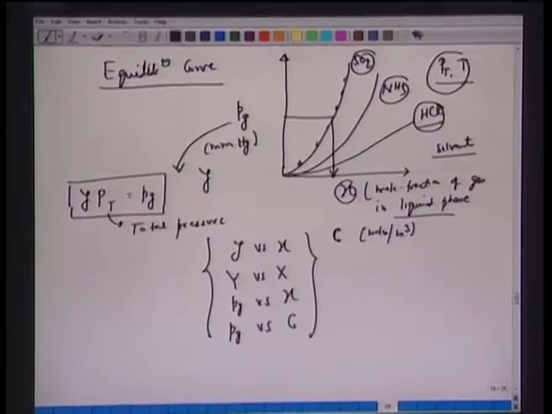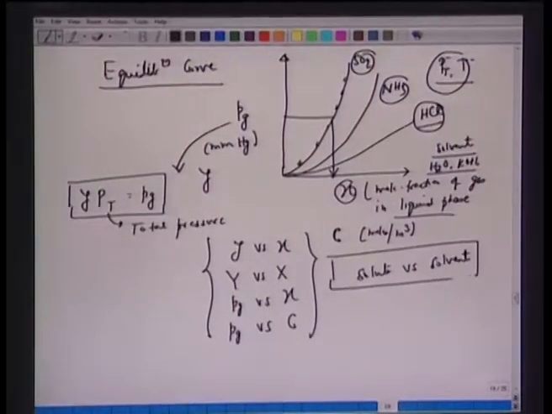The solvent may be water, KOH, or H2SO4, etc. Given pressure and temperature, we have a system of solute versus solvent, and we have the data, or some equation y equals some function of x, or Pg as some function of concentration, or we have been given the equilibrium curve or some plot.